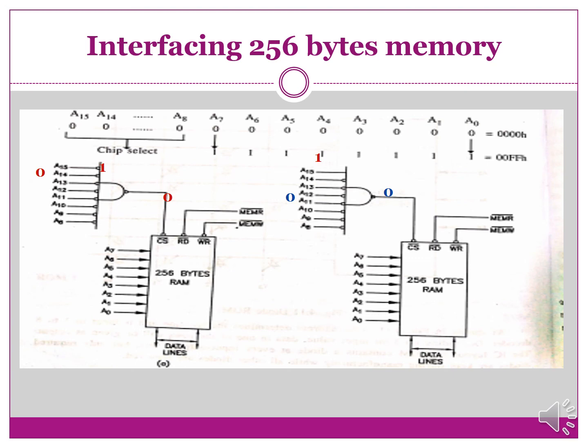Here in the first diagram, figure A, see that the chip selection pins A8 to A15 are given 0, 0, 0, all are 0. And here one line ends with a bubble, which is nothing but an inverter. So if it is inverted, all the 0s given to A8 to A15 for chip selection become 1.